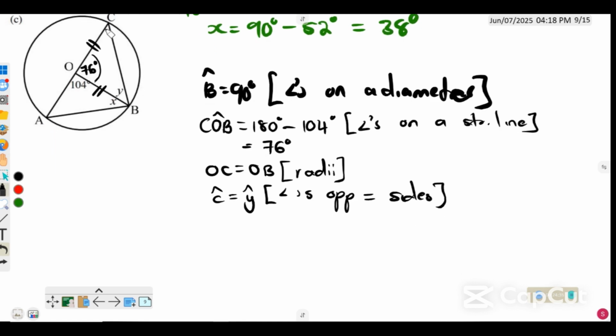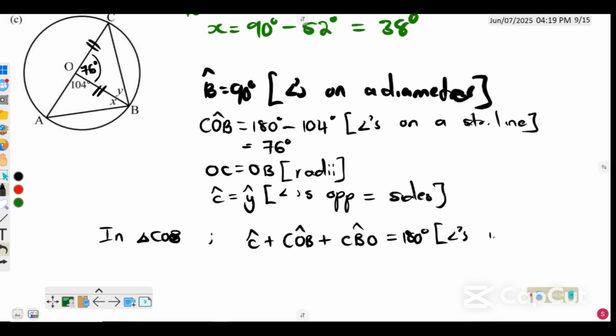And then from there, we do the sum of angles in a triangle. So in triangle COP, we have the following. We have angle C plus angle COP, which is that angle of 76 degrees, plus the angle CPO, which is the Y, should give us 180 degrees. Why? These are angles in a triangle.